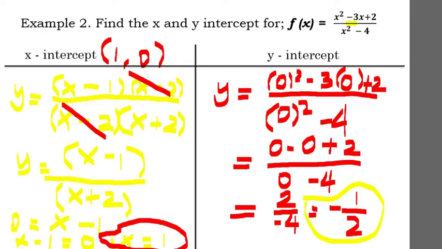Okay, so what is the y-intercept now? So the y-intercept is at 0 for x, comma, negative 1/2. Okay, so the y-intercept is (0, negative 1/2), and the x-intercept is at (1, 0).